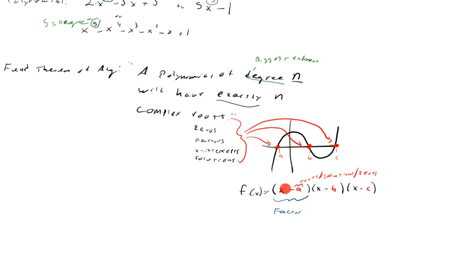When you factor a quadratic equation, it gives you the 2 zeros, the 2 roots. We talked about the quadratic formula and factoring trinomials. All of that is exactly what we're doing here.